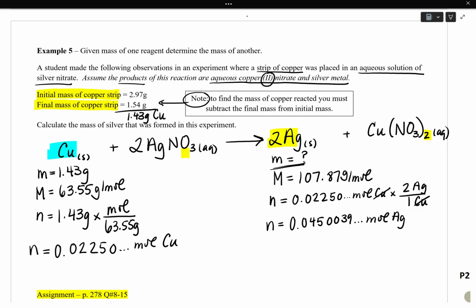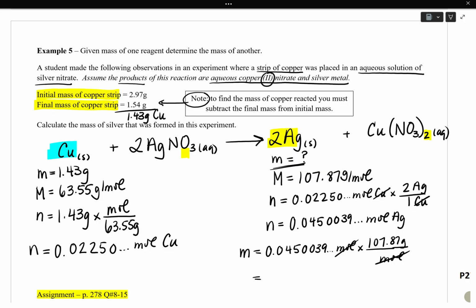So if we want to solve for our mass, take the number of moles, 0.0450039 moles, and now we're going to multiply by our molar mass, 107.87 grams divided by a mole. So moles will cancel, and we're left with mass.